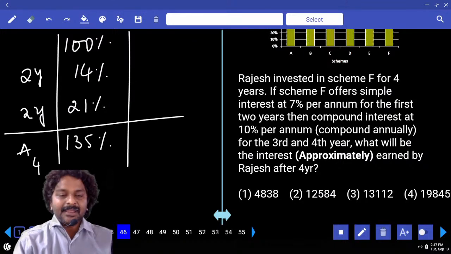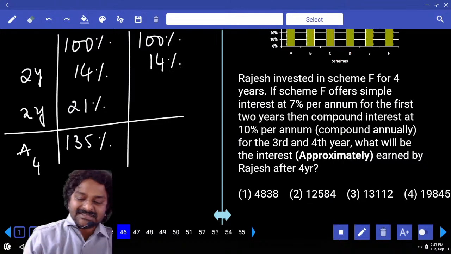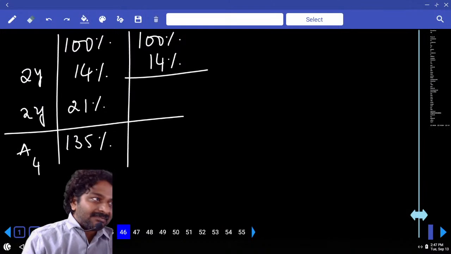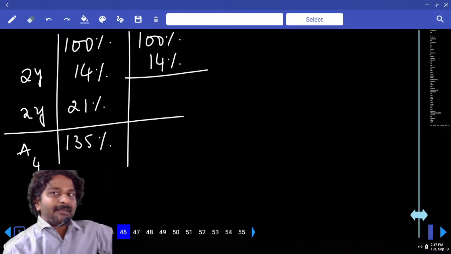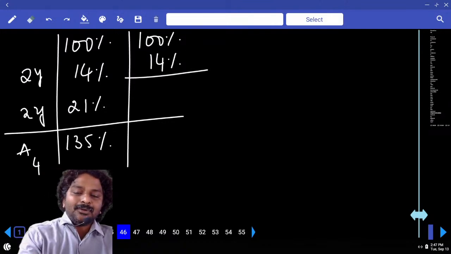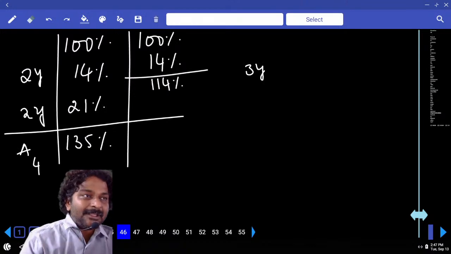Now, after 2 years, whatever simple interest we are getting, 14%. If that is not paid, earlier we assumed the 14% was paid. Now, if it is not paid, for the third year the principal becomes 114% only.